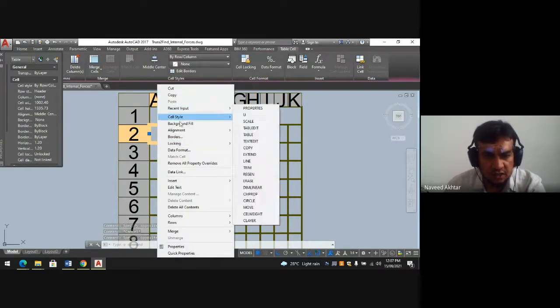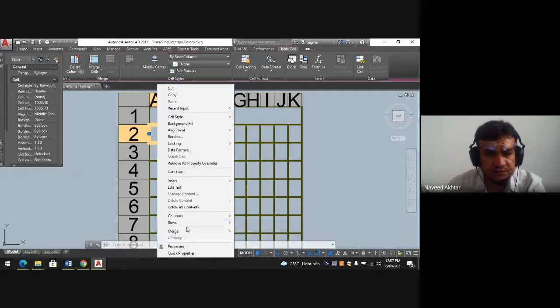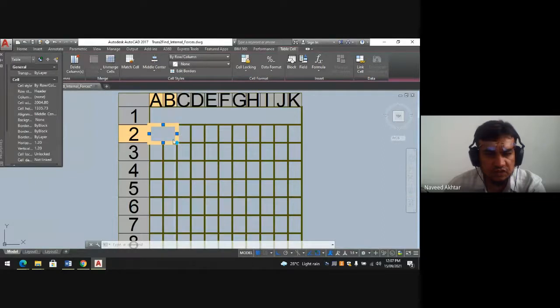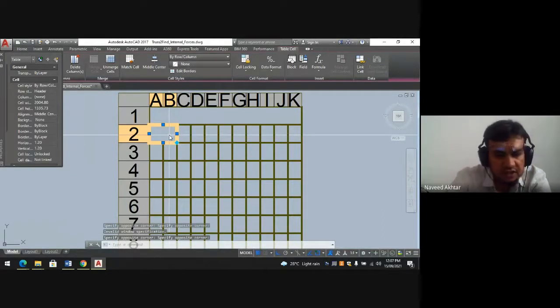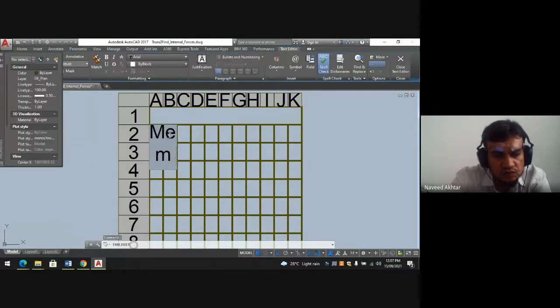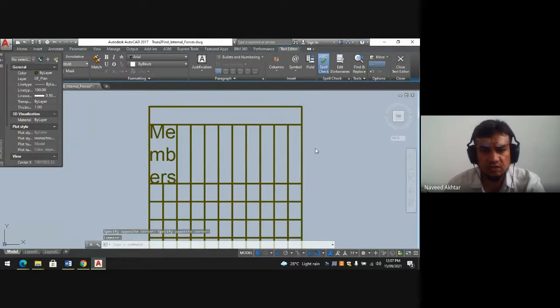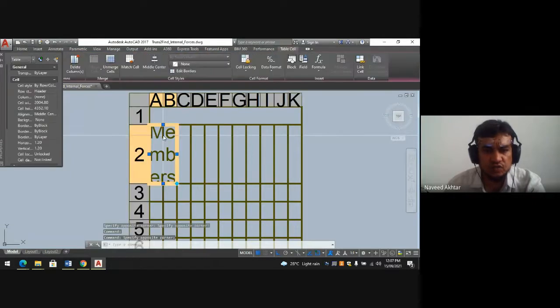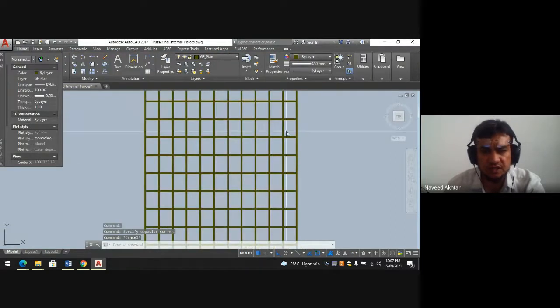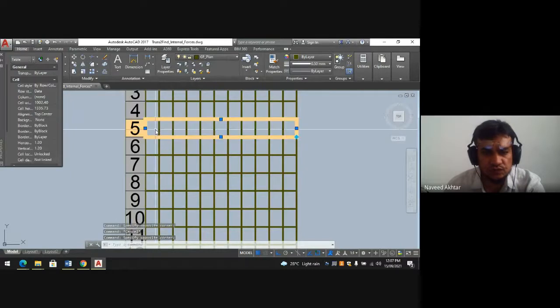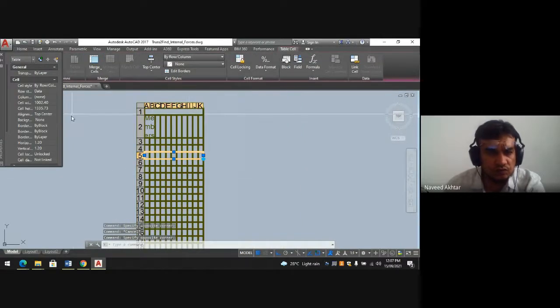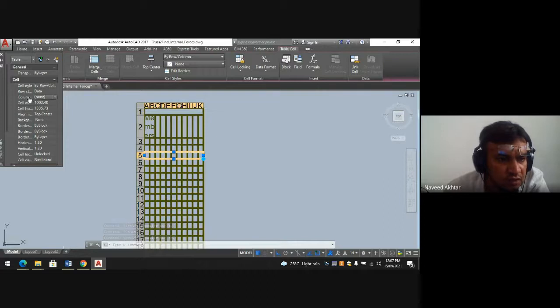For joining, right-click on merge cell. Font size is too large, so you can increase the width of the column. Here I will increase the column width, or I can decrease the font size.